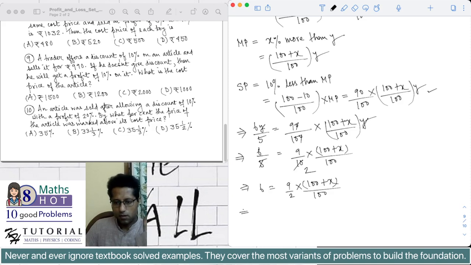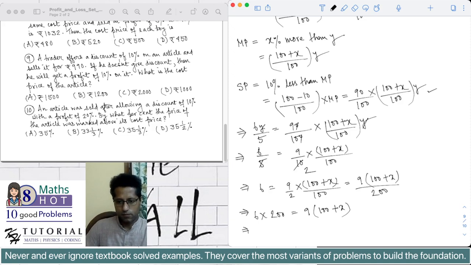Now, if you do cross multiplication, we get 6 equal to 9 multiplied by 100 plus X divided by 200. So after cross multiplication, we get 6 multiplied by 200 is equal to 9 multiplied by 100 plus X. After simplification, we have 1200 is equal to 900 plus 9x.